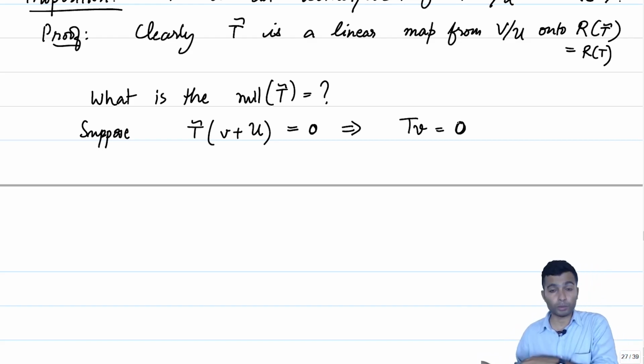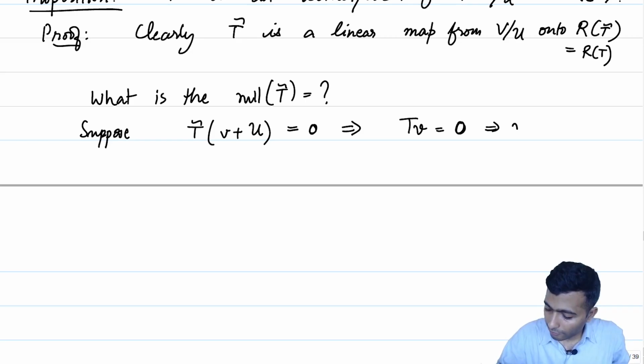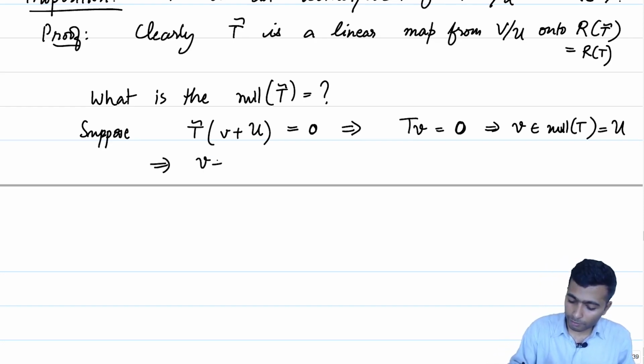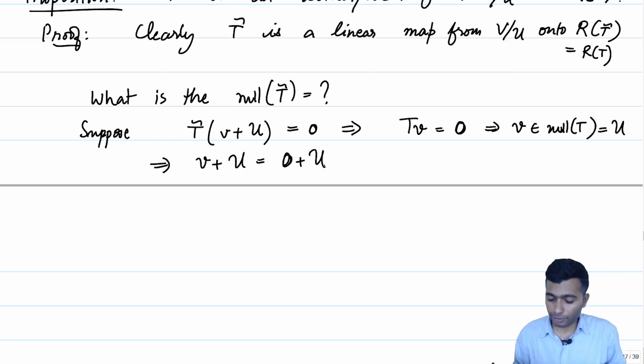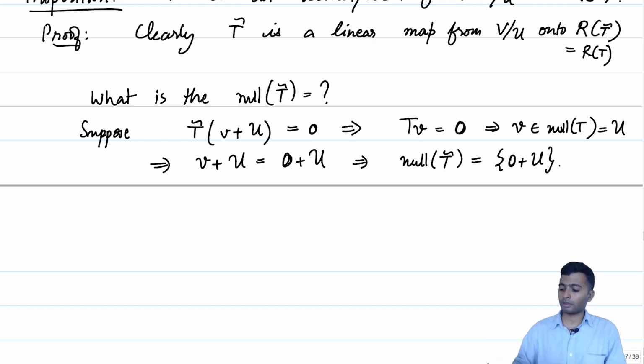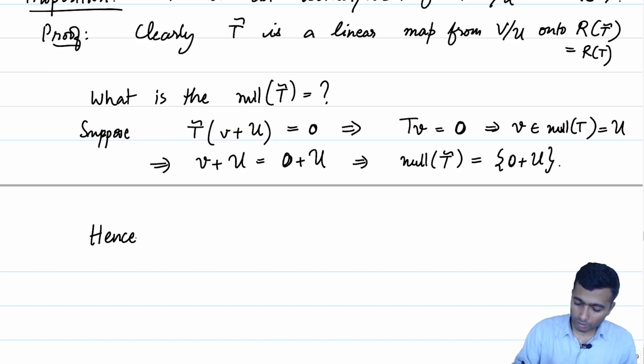Remember, this 0 is in W, but that implies that V belongs to the null space of T, which is equal to U, which implies V plus U is equal to 0 plus U, which is the 0 vector of V mod U, which implies the null space of T tilde is the singleton set 0 plus U, which is the 0 element of V mod U, and hence T tilde is injective.